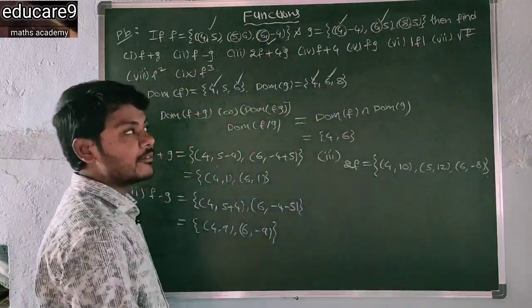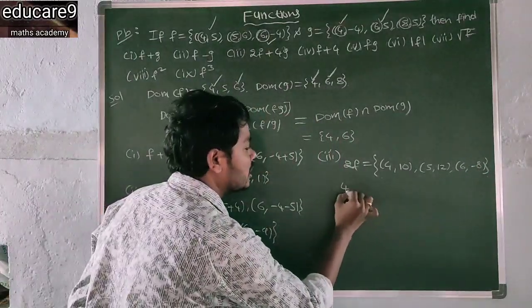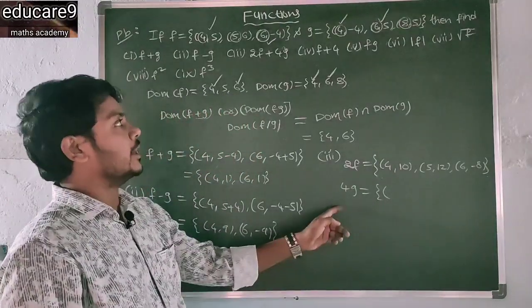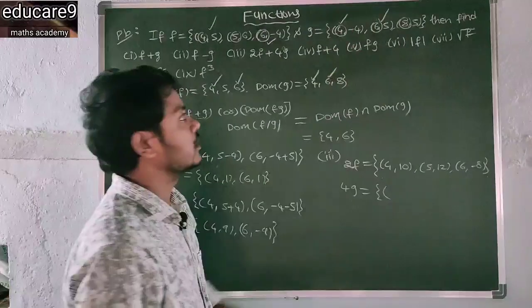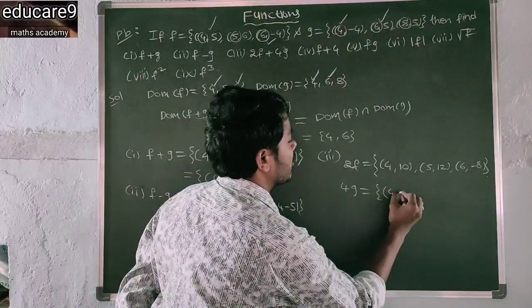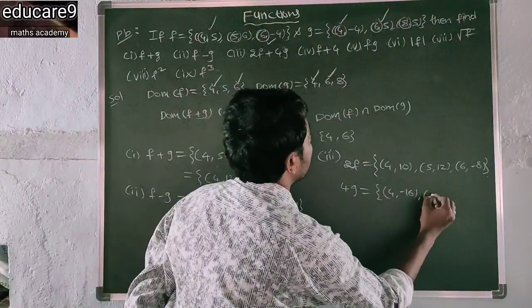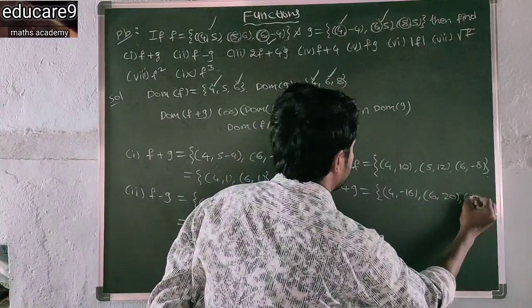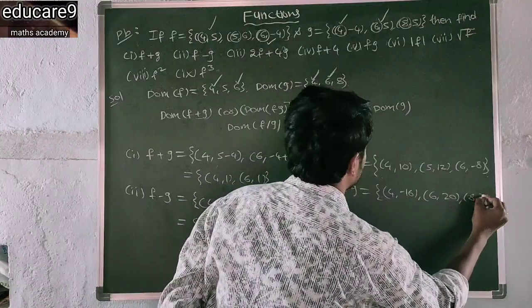This is 2f and 4g. So here also multiply 4 with codomain element only. That is 4 comma minus 16 and 6 comma 20 and 8 comma 20.